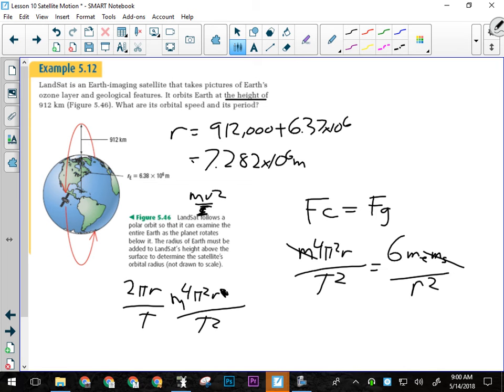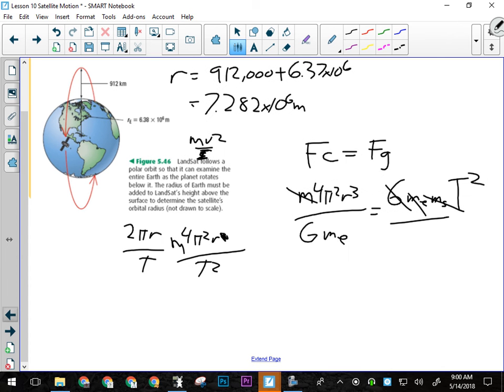I want to solve for period. So I'm going to bring period over to this side so that it's on the top. Then I'm going to multiply both sides by r squared. What's r times r squared? R cubed. And then I'm going to divide both sides by big G times the mass of the Earth.